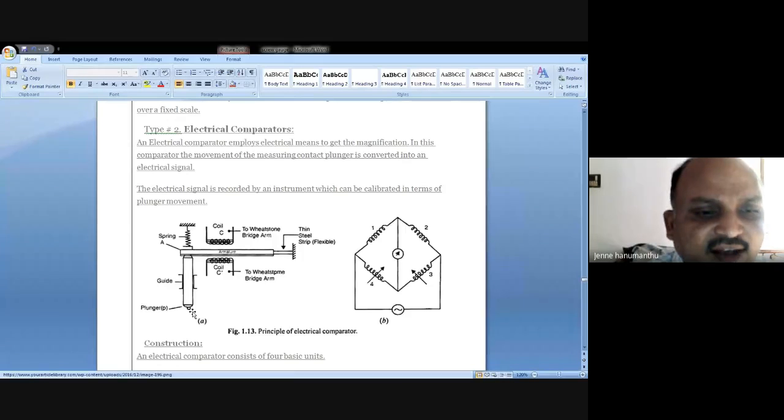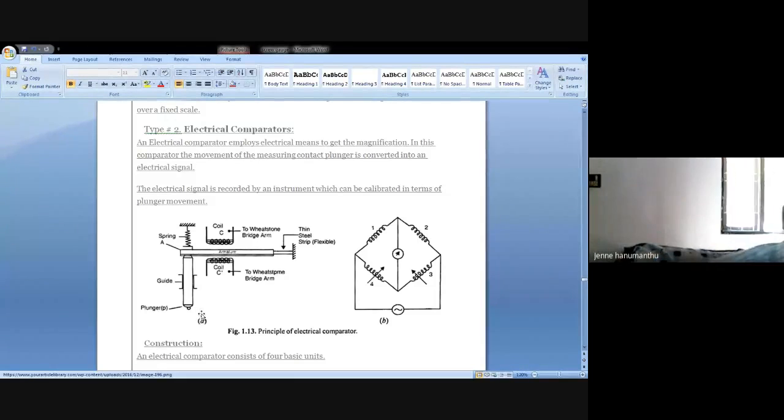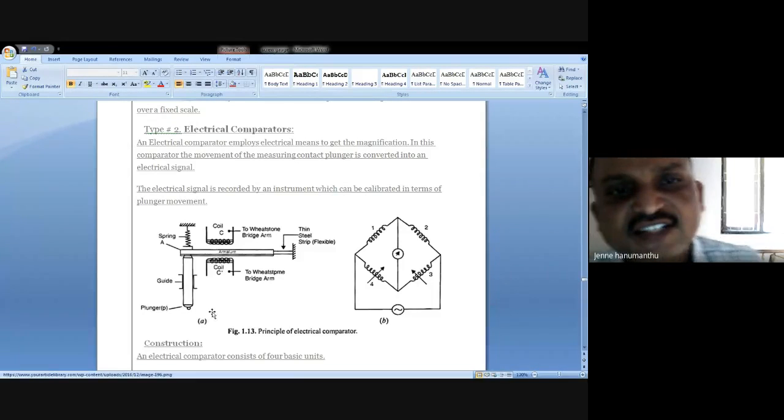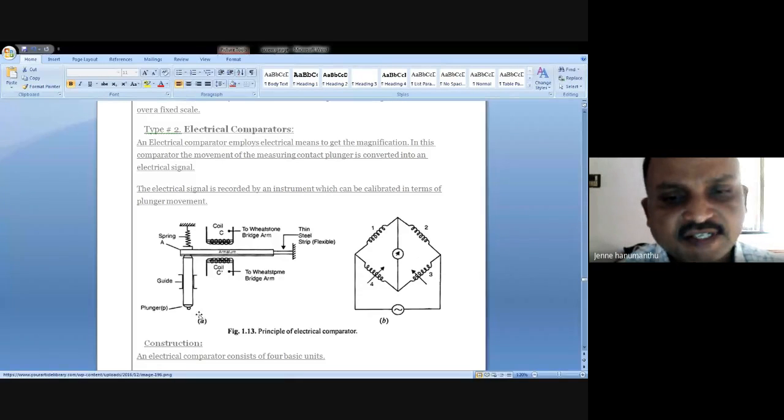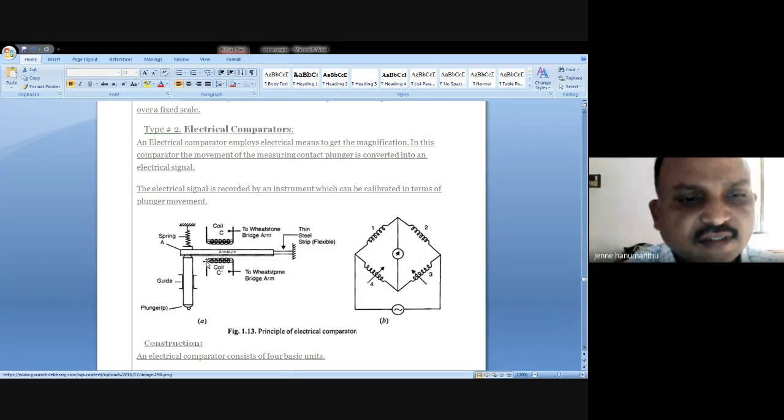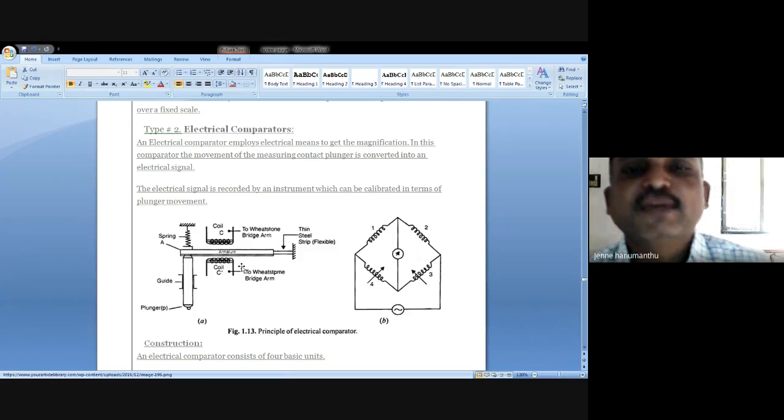This plunger is placed on the surface where we want to compare the dimensions. If the plunger is attached to the surface and there are no deviations, the induced voltage in the coil is zero. It's nothing but an LVDT.